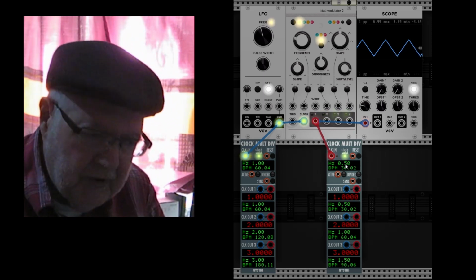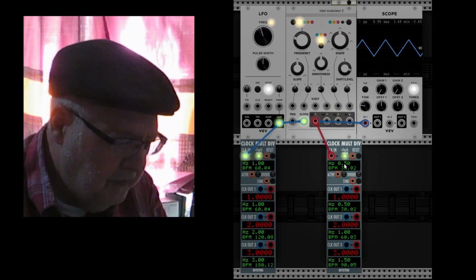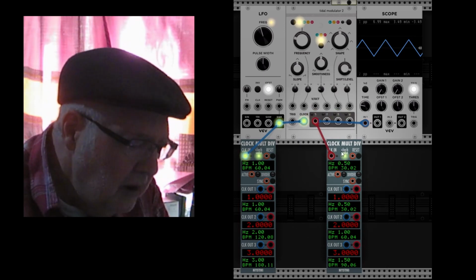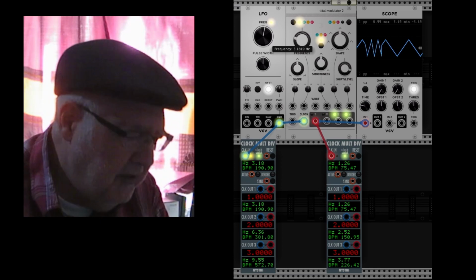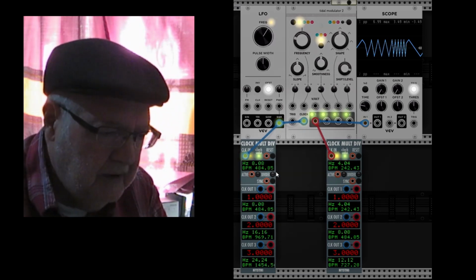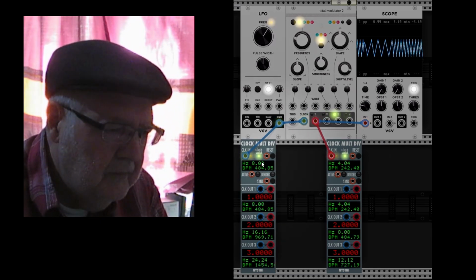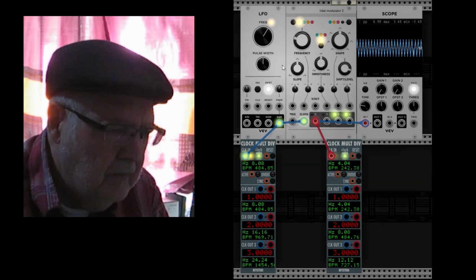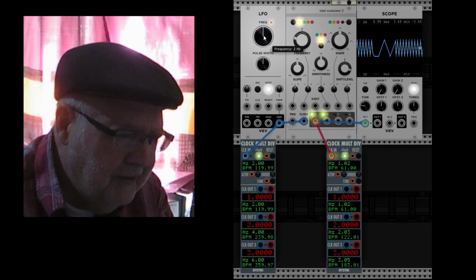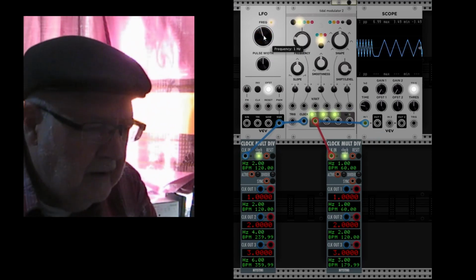We get 50%, half the external frequency. Turning the frequency knob to the right, we multiply the external clock frequency. Oh, I have made a mistake. I don't know. So let's say I want 1 Hertz.